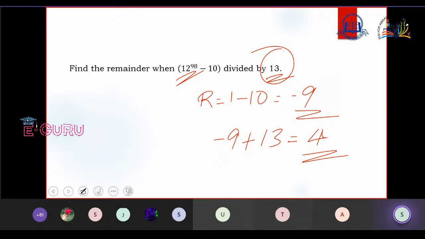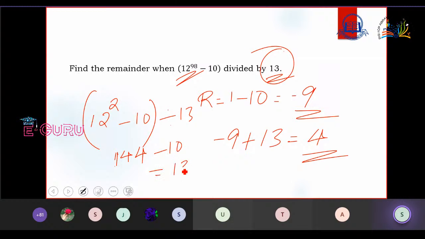Again, if you have any doubt, we can do it with a small example. Instead of 12 raised to 98, let it be 12 square. So 12 square minus 10 divided by 13. 12 square is 144. So 144 minus 10 means it's 134. 134 divided by 13. We know that 13 into 10 equals 130 and the remainder will be 4.